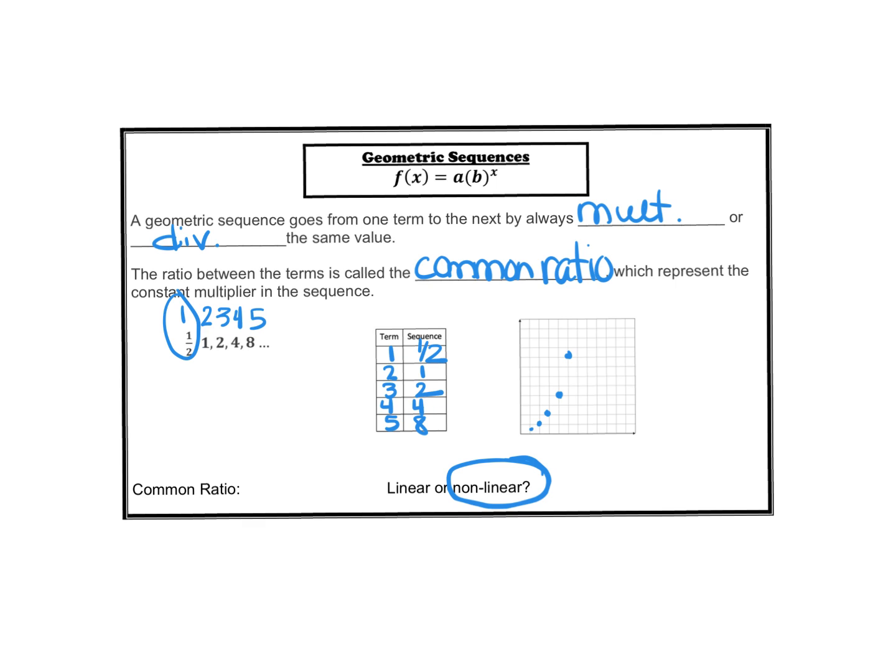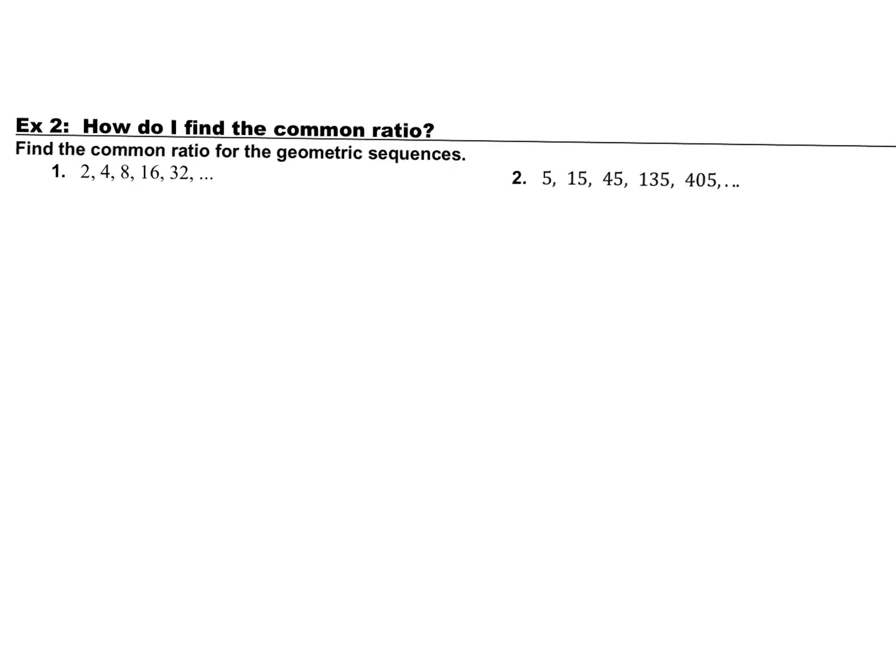Now, when we talk about the common ratio, we're talking about what we're doing to go from one term to the next term. And in this case, it appears that we're multiplying by 2 to get to the next term. So our common ratio here is 2. All right, so let's take a look at how we find the common ratio.